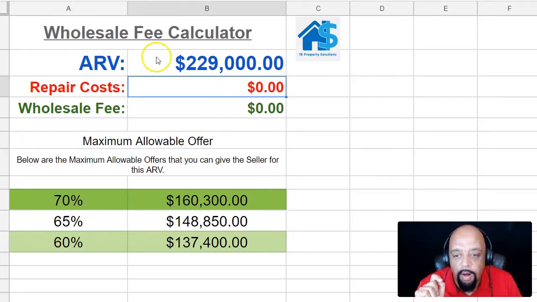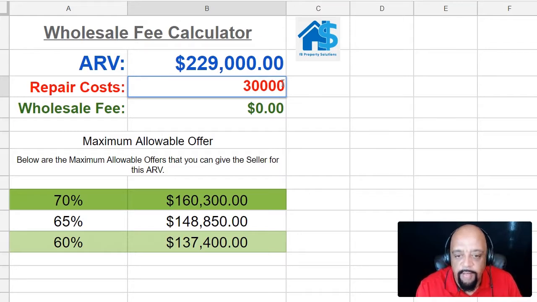So with a repair cost on a typical deal of maybe 229, the repair cost is going to be, let's say, $30,000. They need new floors, sheetrock work, different things like that.